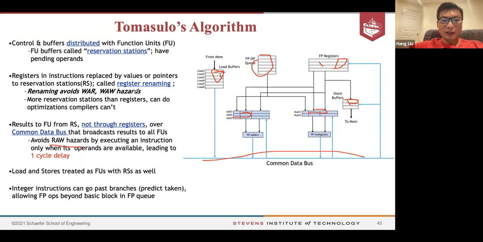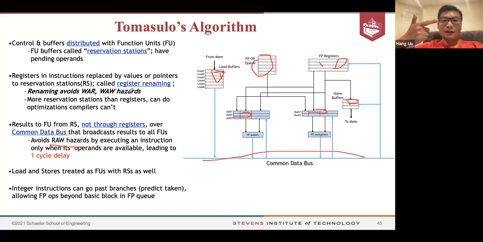Okay, so as you can see here, the reservation station solves what? Structure hazard, right? Because it has multiple adders, multipliers, stores, and loaders, so different instructions counting on different function units can proceed.